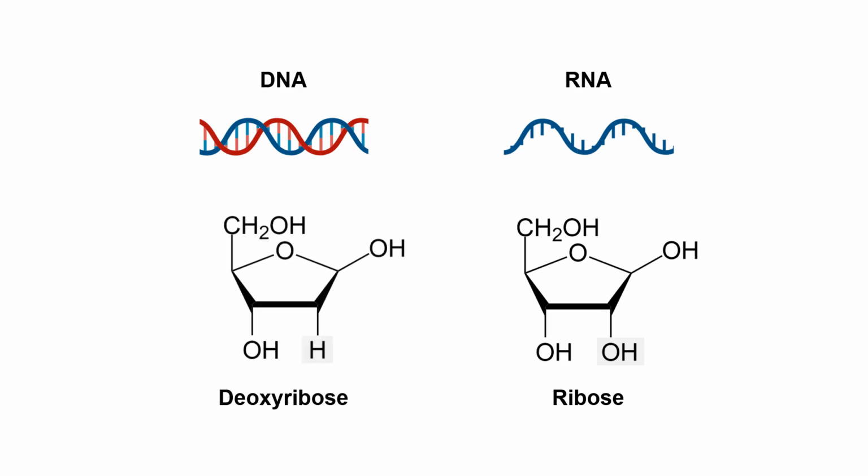Deoxyribose is the component of DNA, and the 2 position hydroxyl is removed. That's why it is called deoxyribose. Because of this simple difference, the DNA molecule is much more stable than RNA, and DNA tends to form a double helical structure, while RNA is usually single strand, or it forms some local secondary structures.